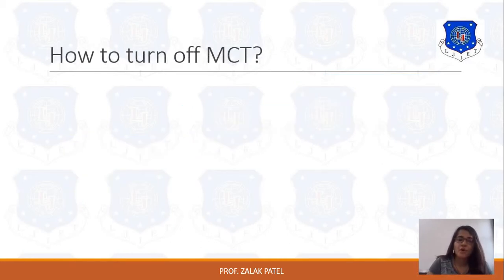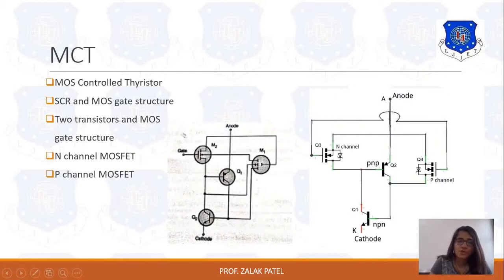Now let's see the turning off process. Before discussing turning off, once again we look at the figure of MCT. Over here, for the turning off process, in place of negative voltage we apply positive voltage across the MCT. Because of the applied positive voltage, M2 will start conducting, because M2 is an N channel MOSFET.